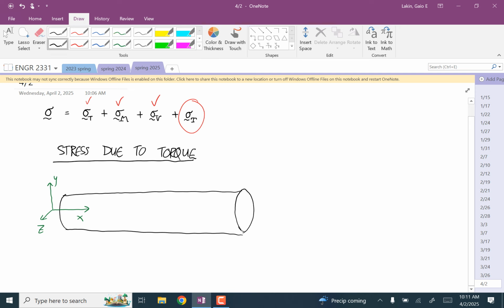And we have an internal torque. So let's say that at this end we have a torque going this way and an equal and opposite one this way. That's how you get this twisting effect. And so what this is doing is twisting this side this way and this side this way.